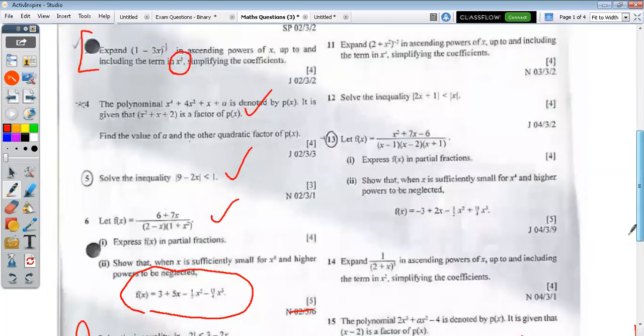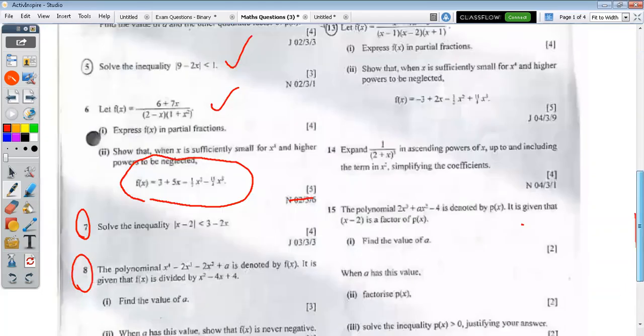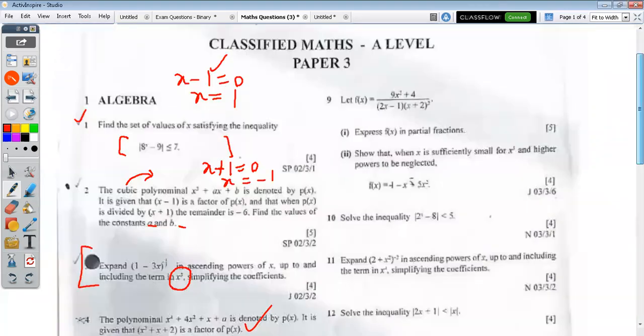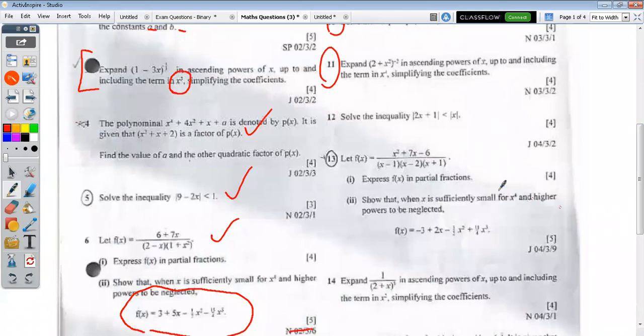Okay, 6, 7, then number 9, number 10, 11. When is our next lesson? Wednesday. So you need to work and submit by Wednesday 8 up to number 13.